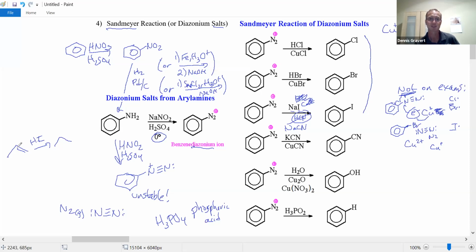Markovnikov addition, the hydrogen goes to the carbon with more hydrogens, iodide goes to the other carbon. And we said this acid is a very powerful, strong acid, but it also decomposes as it sits in the stockroom. So a better way to do the reaction is to mix some potassium iodide with some phosphoric acid. And these reagents will create hydroiodic acid, HI, to do this reaction.